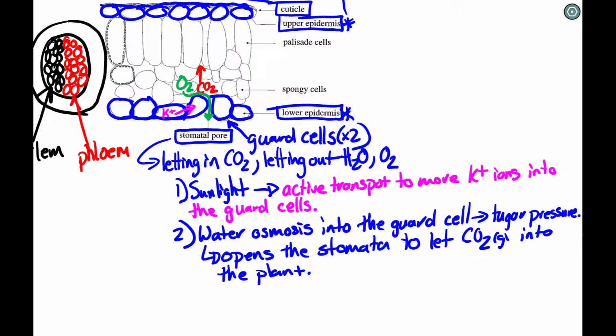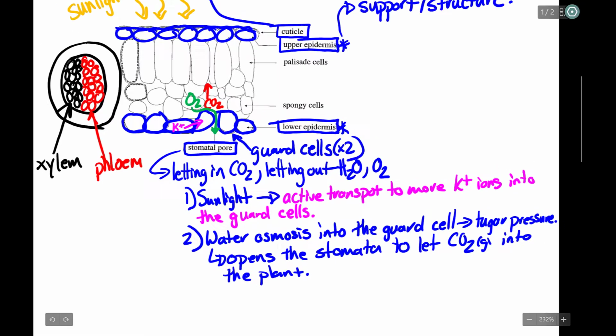This allows the higher concentration of CO2 outside of the plant to move into the plant. The reason there's a low concentration of CO2 in the plant is because it's using it all up in photosynthesis. Also, there's now a higher concentration of oxygen inside of the leaf because it produced it in photosynthesis. So the oxygen naturally diffuses from high concentration in the leaf to outside of the leaf.